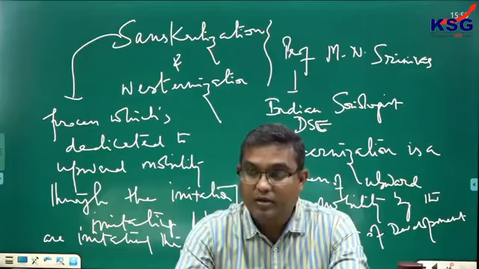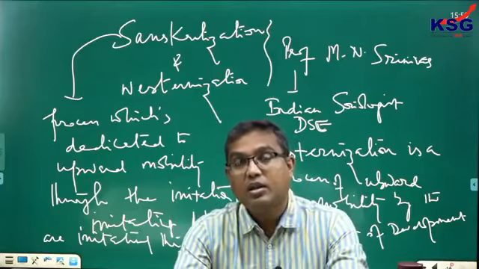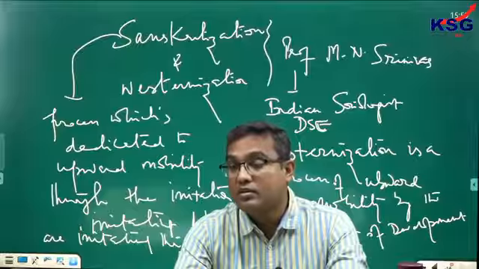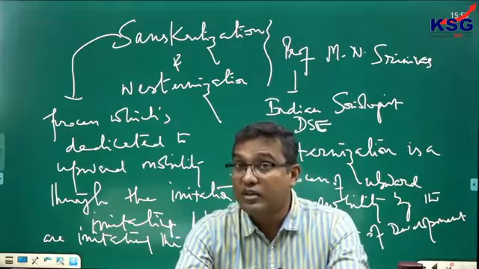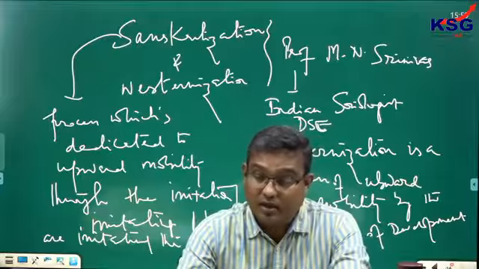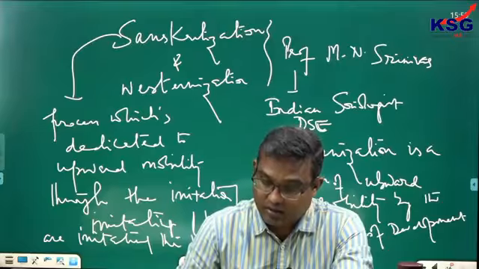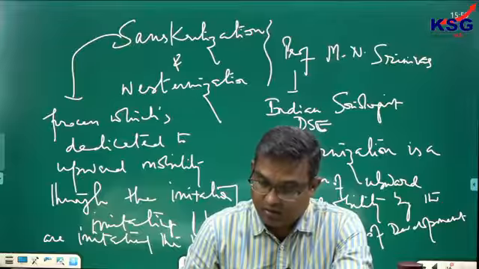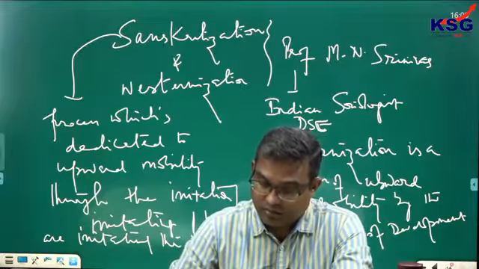So this is the idea of Sanskritization and Westernization. In Westernization, the Indian elites copy the style of living, food and dress of Westerners, of Western society. So that is the idea of Westernization, right? Write it down.